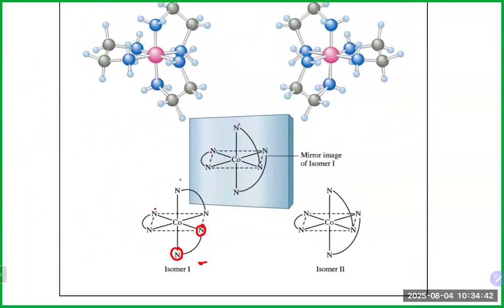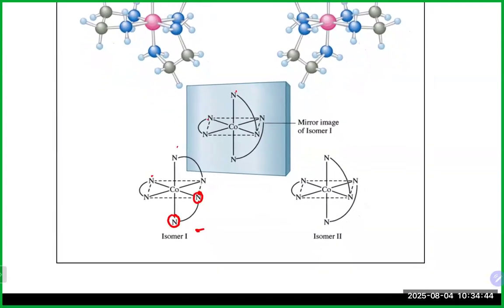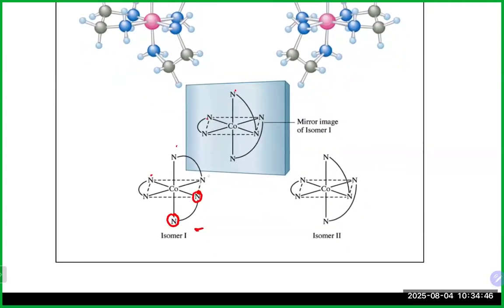But when this gets reflected, this guy gets reflected to here. This bottom guy gets reflected to here. But this guy gets reflected to the back, and when he does that, he takes that bond with him. Now that bond that was right in front originally is really towards the back.